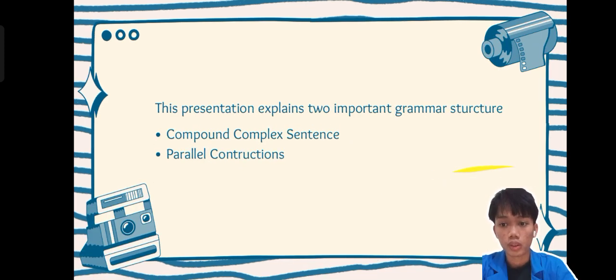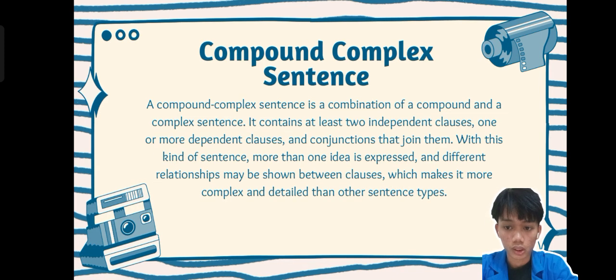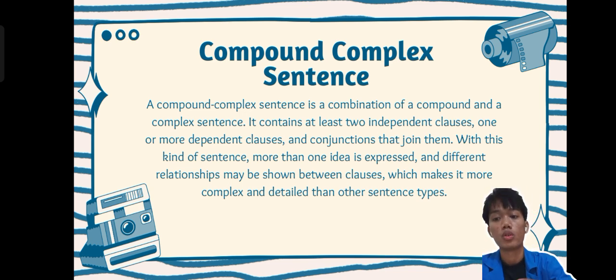So, compound complex sentence. A compound complex sentence is a combination of a compound sentence and a complex sentence. This means it has at least two independent clauses and one or more dependent clauses joined by both coordinating and subordinating conjunctions.